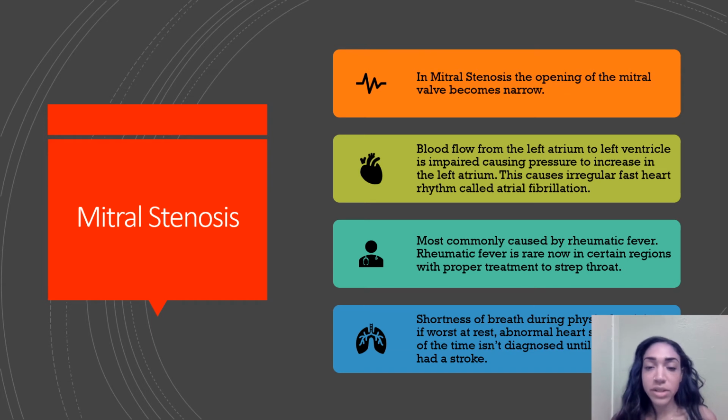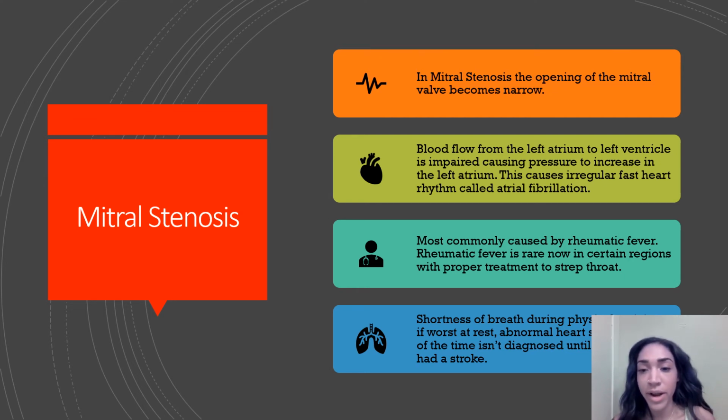So then we have mitral stenosis. In mitral stenosis, the opening of the mitral valve becomes narrow. Blood flow pumped from the left atrium to the left ventricle is impaired, causing pressure to increase in the left atrium. This causes the heart to beat faster, which is called atrial fibrillation. The most common cause of mitral stenosis is rheumatic fever.